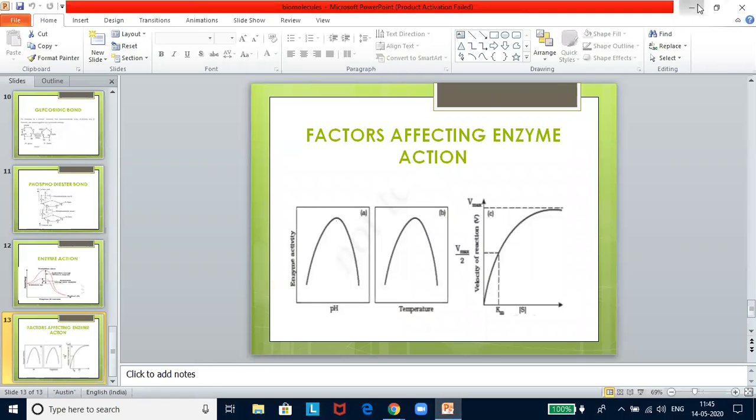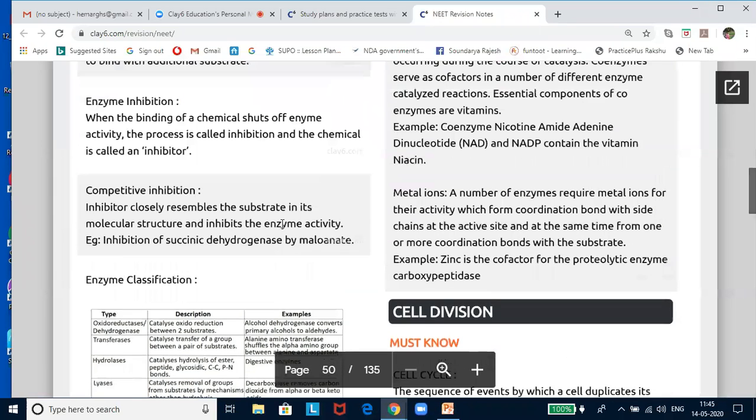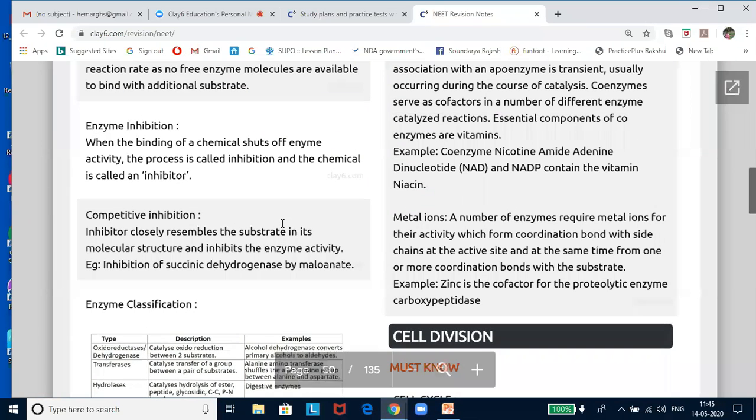Now let us look at enzyme classification. Okay, before that, let us finish with enzyme inhibition. When the binding of a chemical shuts off enzyme activity, it is called inhibition, and the chemical is called an inhibitor. This is because the inhibitor substance will closely mimic the substrate.